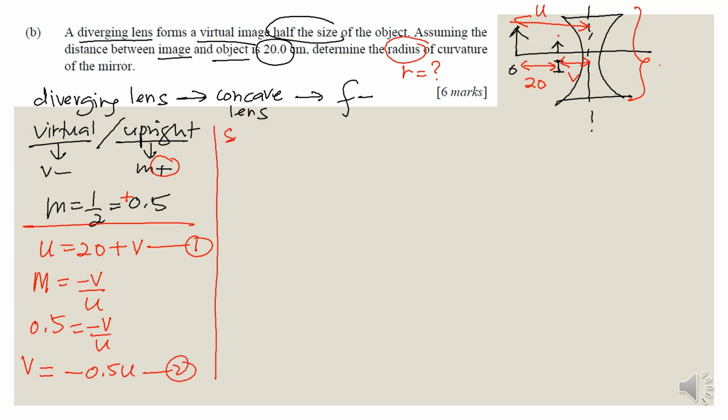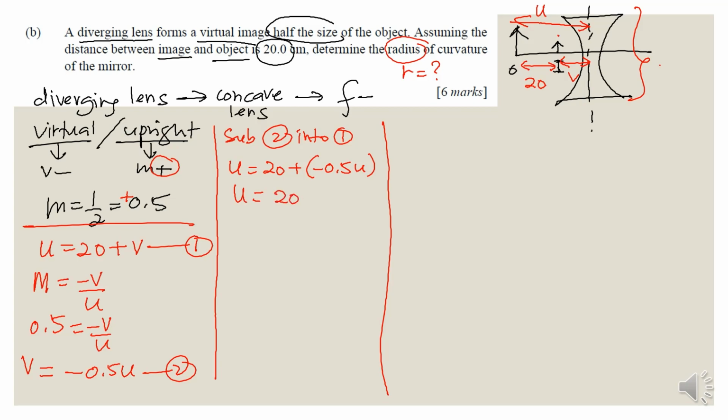Okay, lepas tu kita substitute 2 into 1. Kita akan dapat U sama dengan 20 tambah negatif 0.5 U. So U sama dengan 20, ataupun terus bawa ke sana.